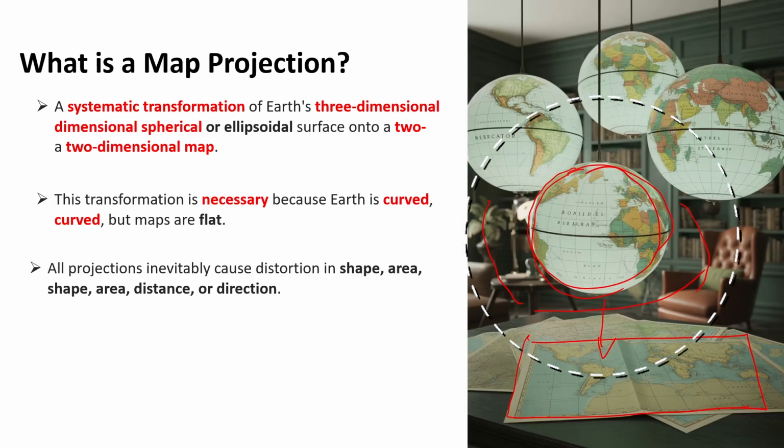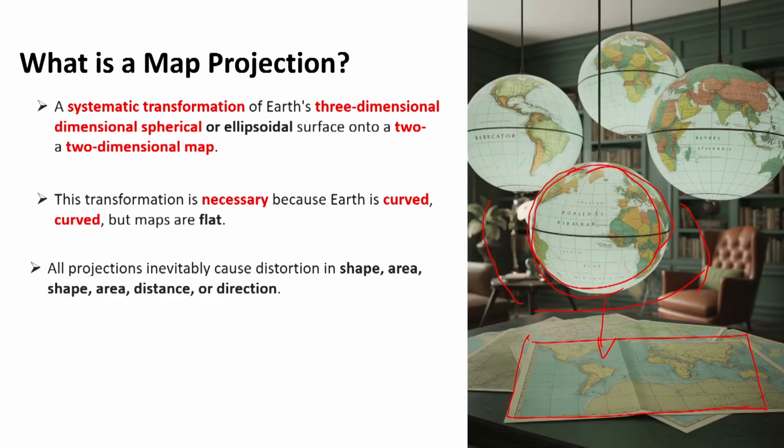If you read the definition, it is a systematic transformation of a 3-dimensional spherical or ellipsoid surface onto a 2-dimensional map. To make it very simple, we are just converting from 3-dimensional to a 2-dimensional flat surface map. This is very challenging, because since the earth is curved in nature, making it flat is not that easy.